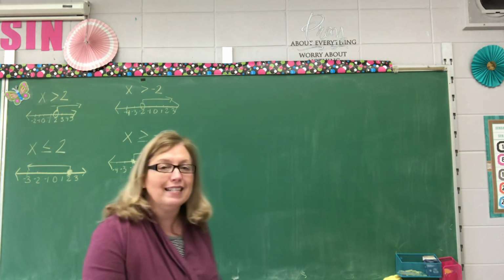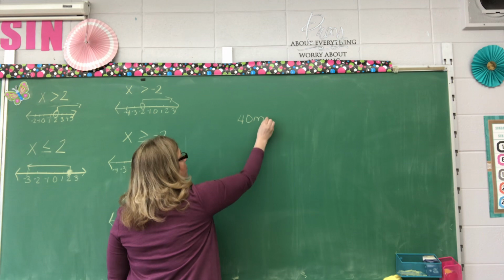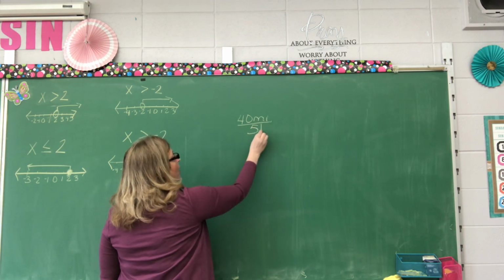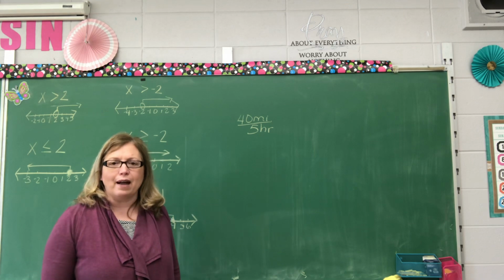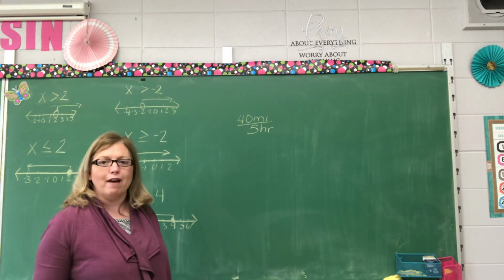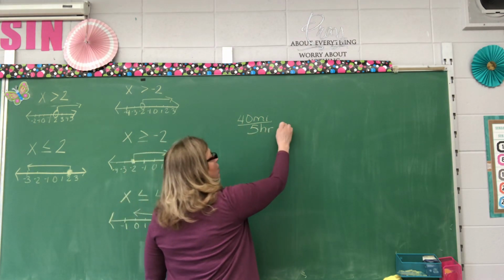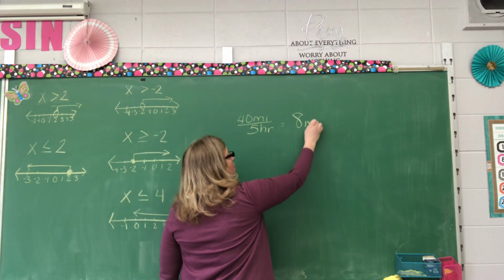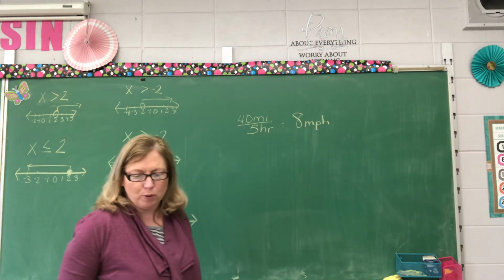We know that they did the 40 miles in 5 hours. So my first question is, let's reduce that. How fast were they going per hour? We're going to say 40 divided by 5. They were traveling at 8 miles per hour.